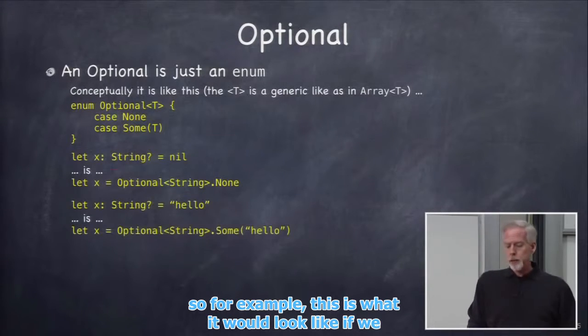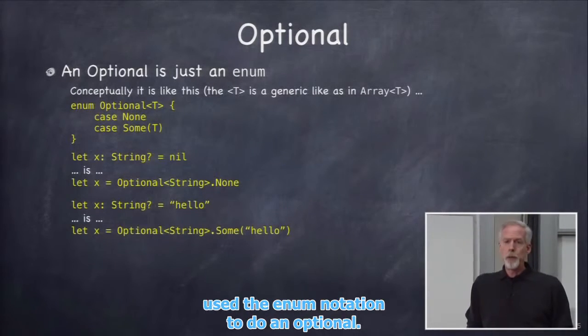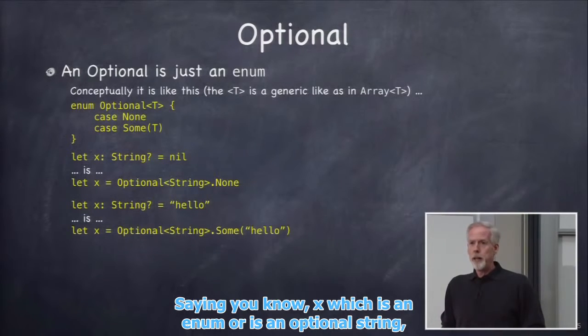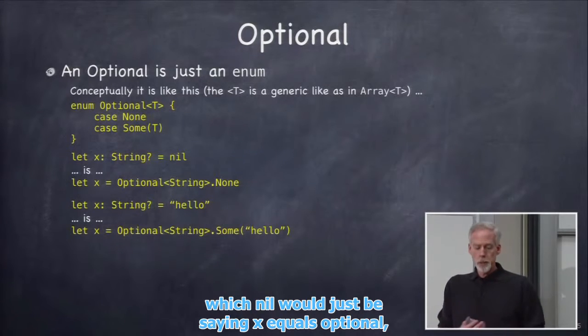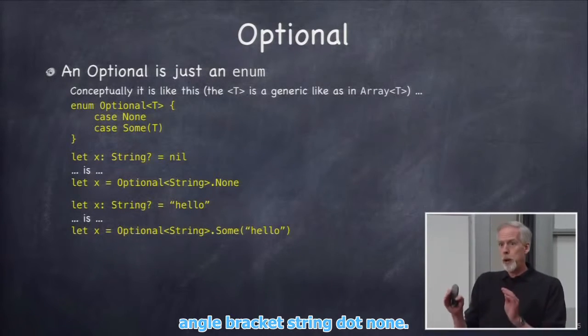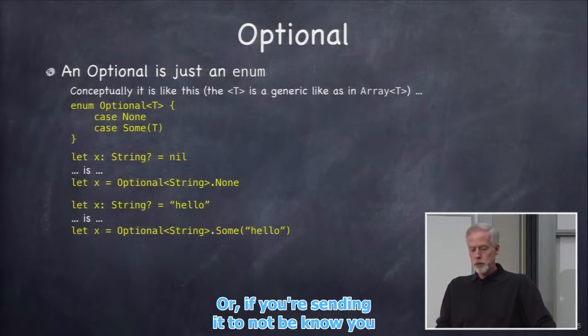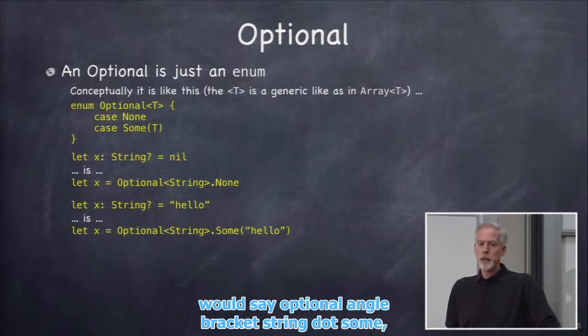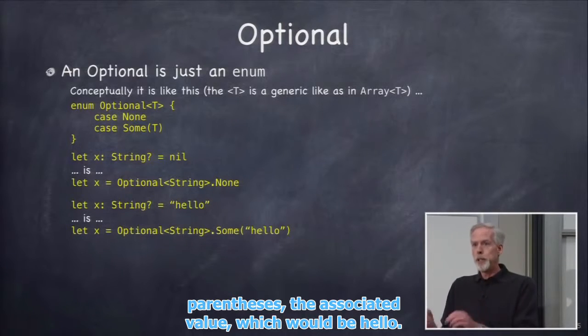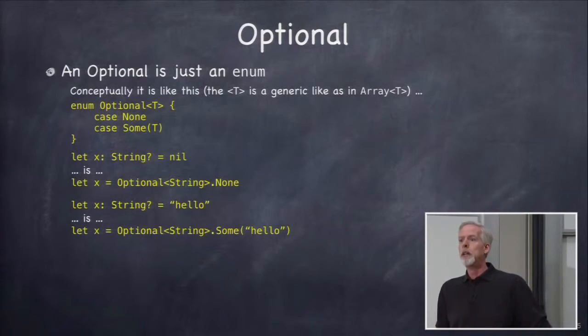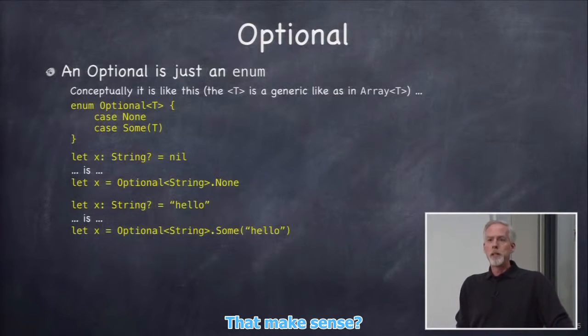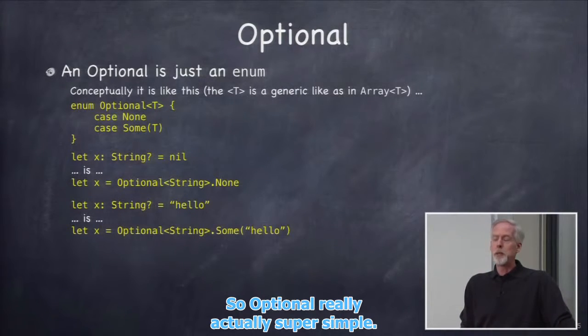And so, for example, this is what it would look like if we used the enum notation to do an optional. Saying x, which is an optional string, equals nil, would just be saying x equals Optional angle bracket String dot none. Or if you're setting it to not be none, you would say Optional angle bracket String dot some, parentheses, the associated value, which would be hello. Does that make sense? So optional is really actually super simple.